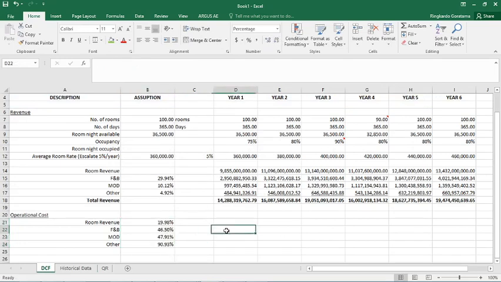Okay. So the room expense will be 19% of the room revenue. Or I just make it here room so it's not confusing.